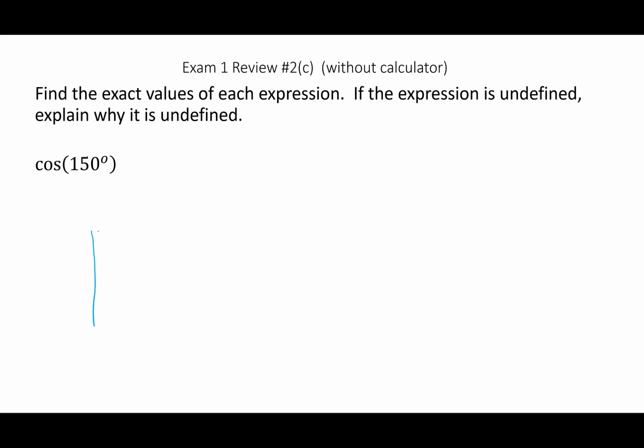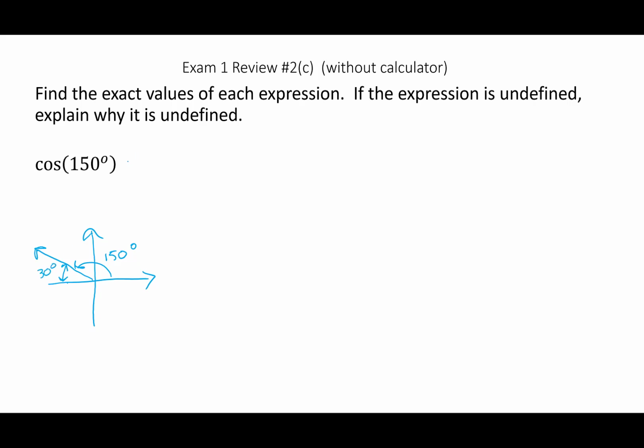Where is that thing at? Well, we're going to be in quadrant 2 here for 150 degrees. If we went all the way around to the negative x-axis, that would take us through an angle of 180 degrees. So we can see the reference angle here will be 30 degrees.